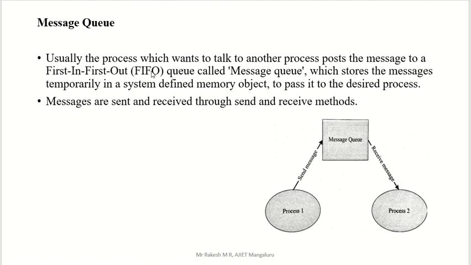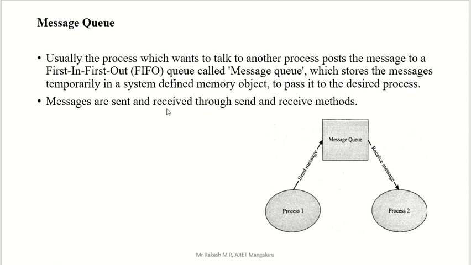That is FIFO, where the first message that comes is sent to the process first. It stores the messages temporarily in a system defined memory object to pass them to the desired process. All the messages are stored temporarily, not permanently. Once that message is passed to process 2, it is fine. That queue is free.